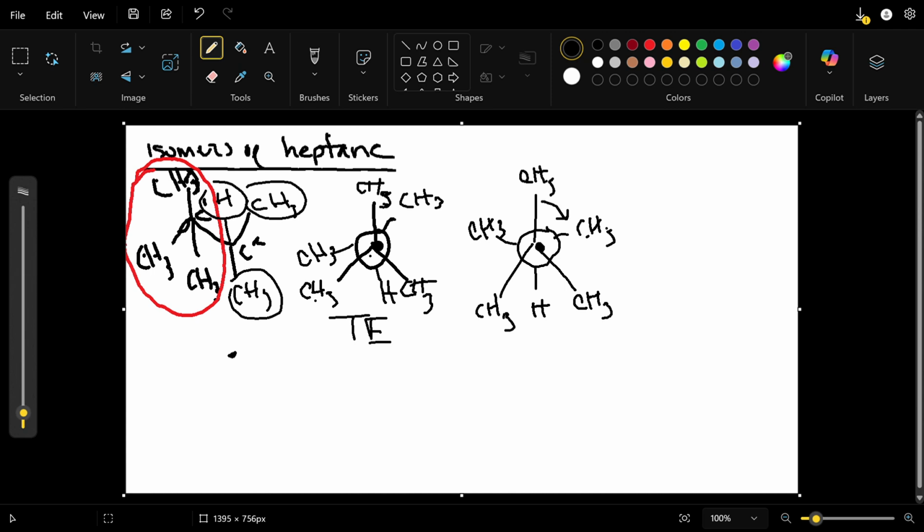Okay. And so the reason why it's called gouche is because it's going away or approaching. Could be spelling that wrong too, but yeah. And so the next one would be eclipse again, because it's basically just the total eclipse, but in a different format.